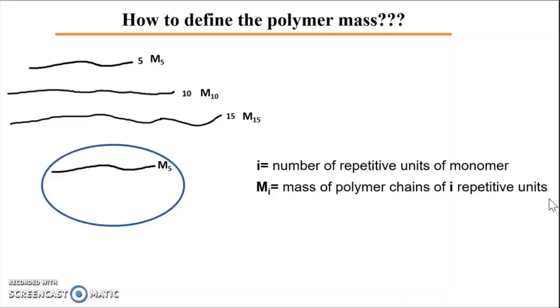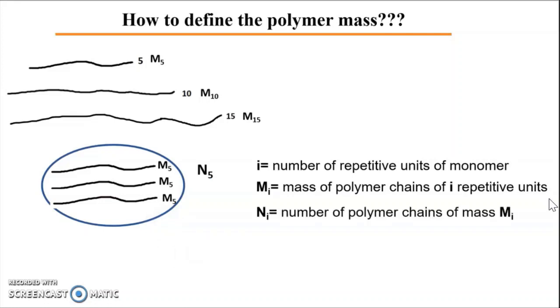So in the polymer, I can't find just one chain having 5 repetitive units. I can have many chains having 5 repetitive units. So I have to quantify the number of chains having 5 repetitive units. Here I will give them the number N5, where Ni is the number of polymer chains having i repetitive units and thus having M5 or Mi mass.